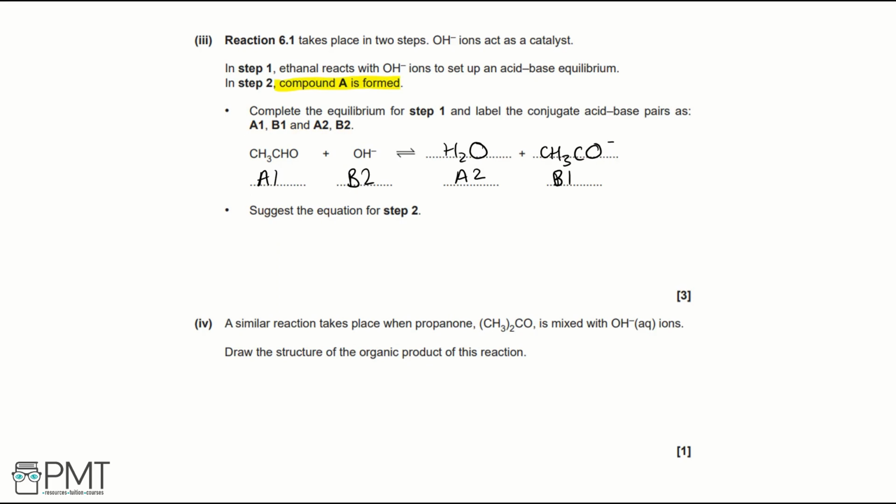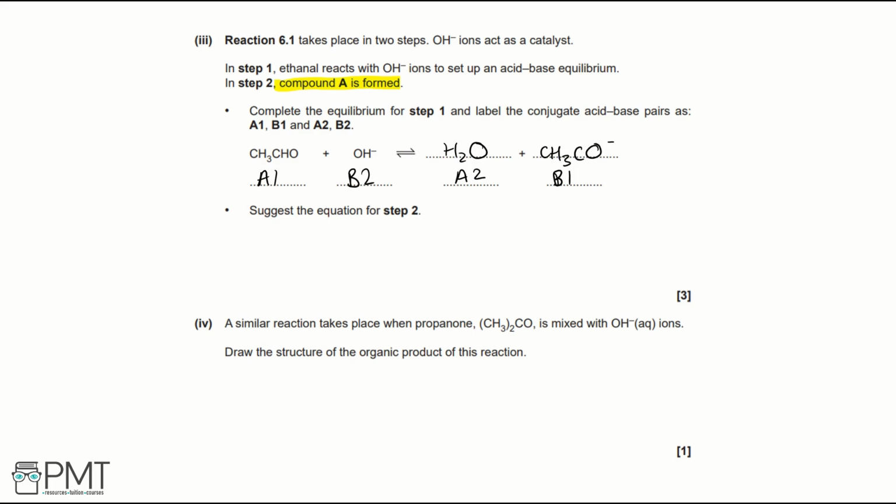If we just look back and check for a second, the acid and base conjugate pairs and why they are what they are. So looking at A1 and B1, A1 means acid number 1. An acid is a proton donor, and we can see that A1 going to B1, well, it's lost a hydrogen or an H+, which is also known as a proton.